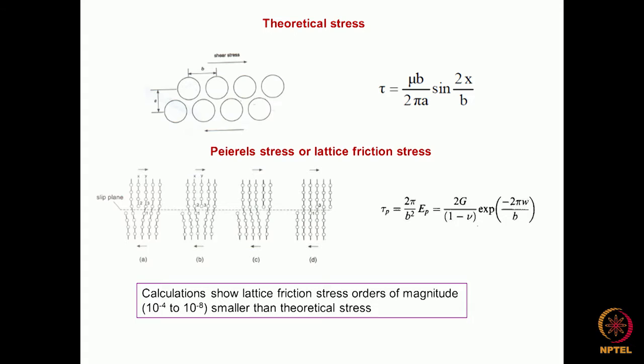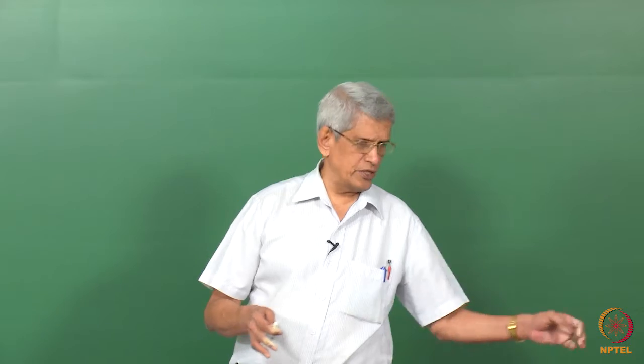From this it is very clear that when a dislocation is moving, very small stress is necessary to move the material. One can understand this with a practical example. For example, there is a carpet which has been put on this floor. Suppose I wanted to move the carpet by a small distance, maybe about 2 inches.